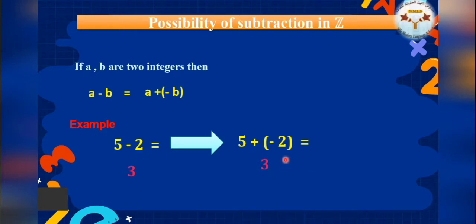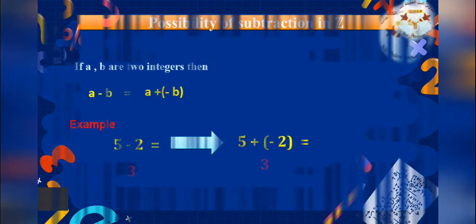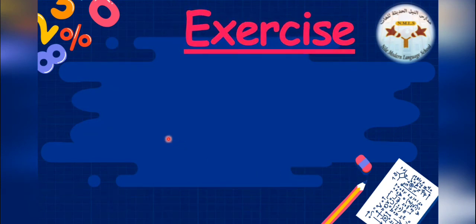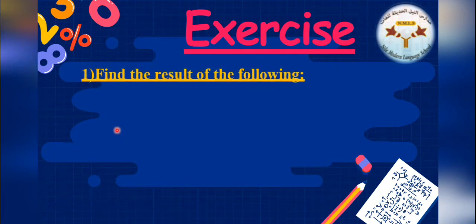Let's solve some exercises to be sure that you understand this topic. On subtraction, find the result of the following. 8 minus 4. I know you can find it easily. 8 minus 4 is 4, but let's solve it as we practice. I will change the minus operation into a plus operation.